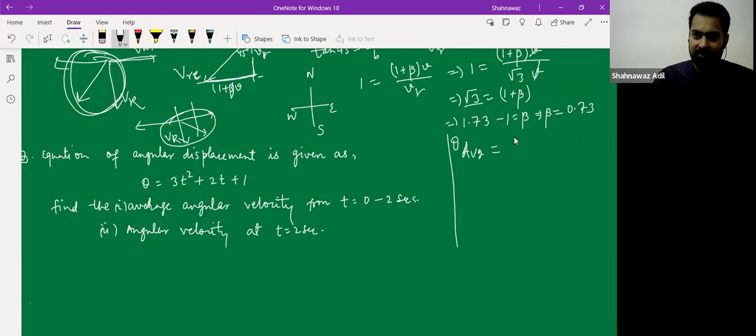Do you guys remember? It was delta theta by delta t, right? So theta 2 minus theta 1 by t2 minus t1. So this was the average velocity. Remember, Arpit?